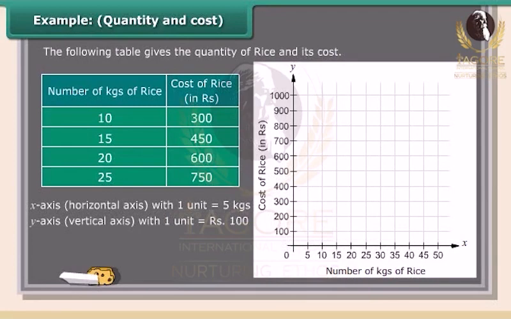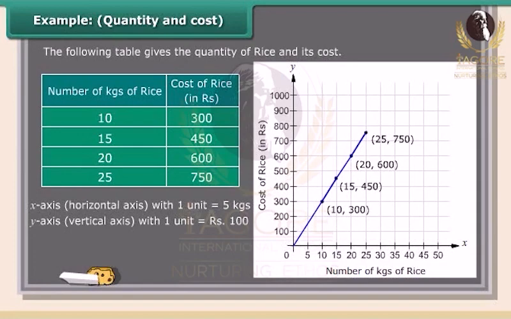Mark the cost of rice on the y-axis, the vertical axis, with 1 unit equal to rupees 100. 3. Plot the points (10, 300), (15, 450), (20, 600), (25, 750). 4. Join the points. The graph passes through the origin.